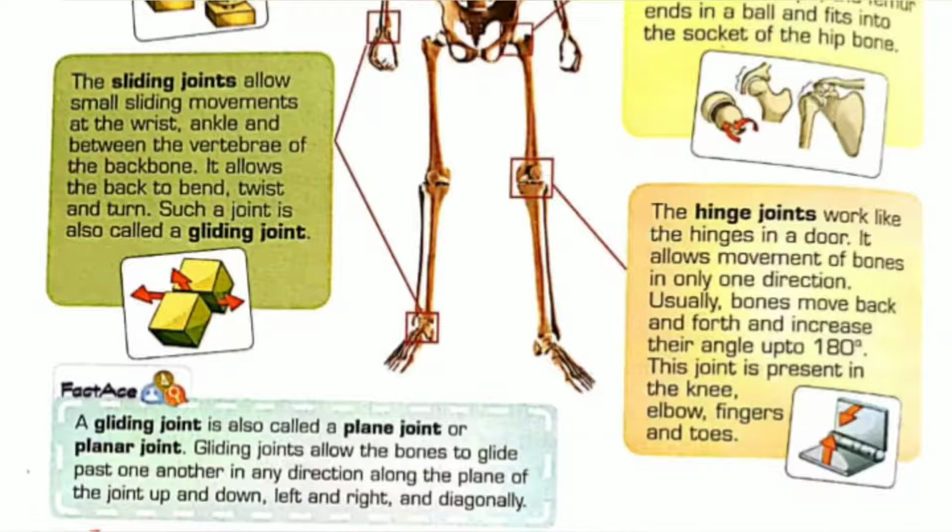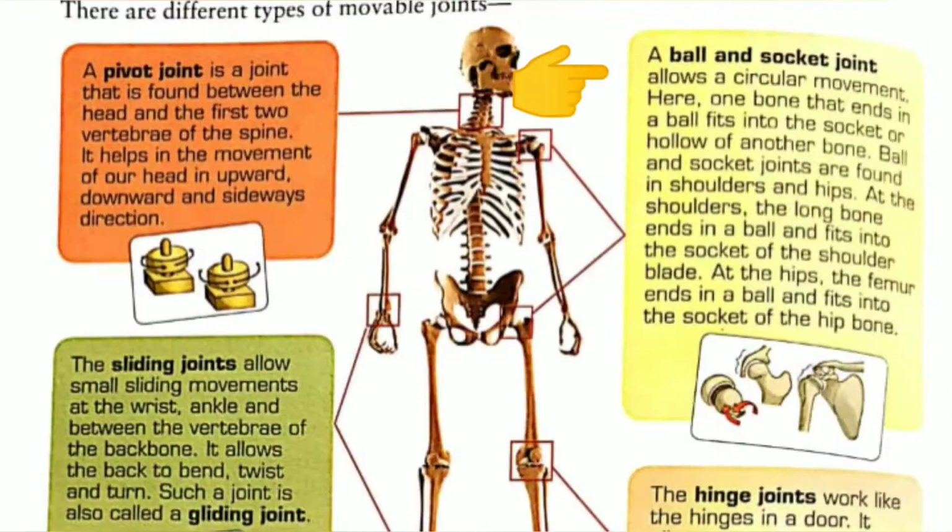Next one is the ball and socket joint. The ball and socket joint allows a circular movement. It is present in our hips and shoulder. Due to this only, we are able to move our arm in all directions, or 360-degree movement is there in the ball and socket joint.